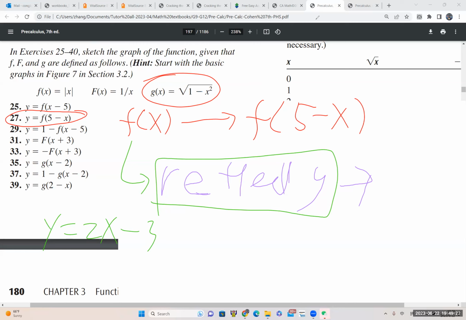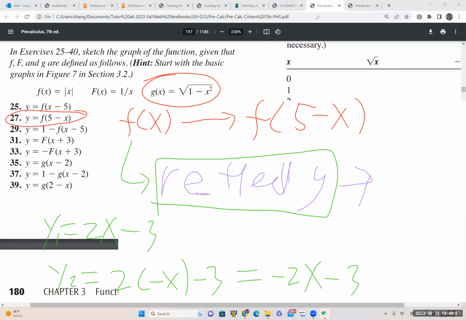Reflect about y just means you replace x by negative x. If we call this the first function, the new function should be, you just change x to negative x. That means the new function is negative 2x minus 3, right?